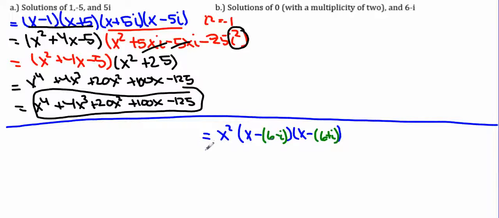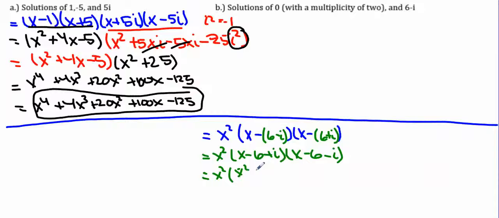Now we're going to multiply this out. Actually, I'll simplify it first. x minus 6 plus i, x minus 6 minus i. Now we're going to multiply it all out. So this takes quite some time. You have to take x and multiply times everything in the second polynomial. Then -6, multiply times everything in the second polynomial, and then i.